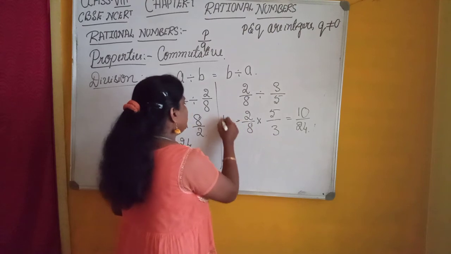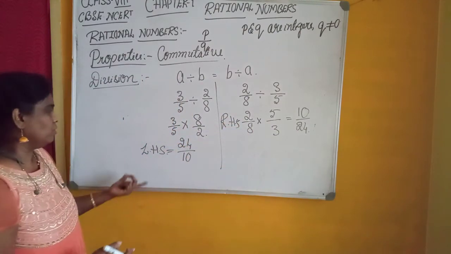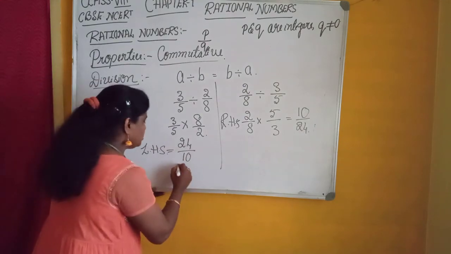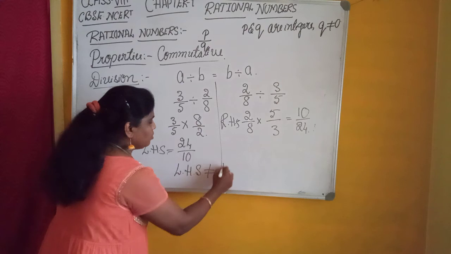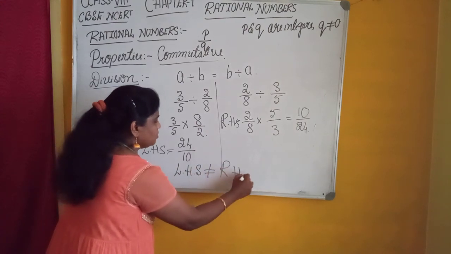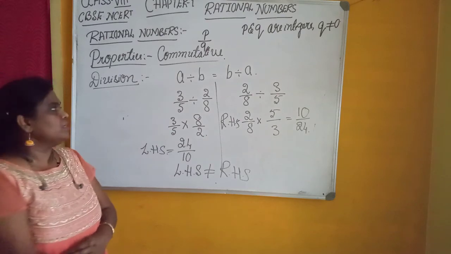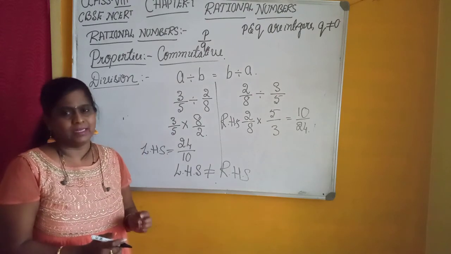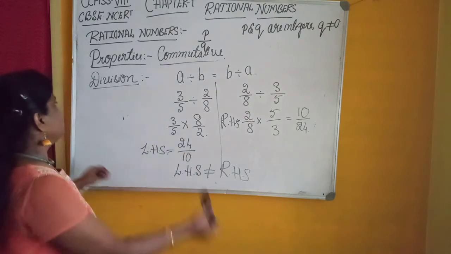What we got in RHS? Are both equal? No, LHS is not equal to RHS. Therefore, the commutative property of division does not hold good for rational numbers. Okay, this is the commutative property.